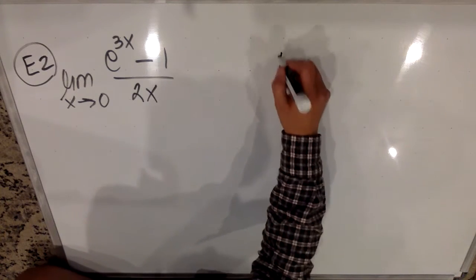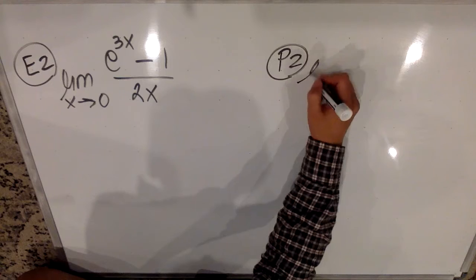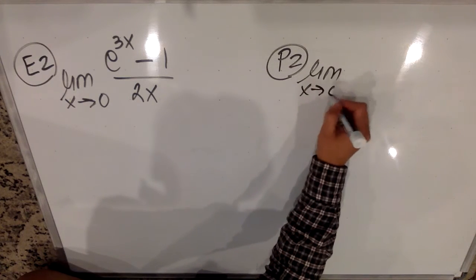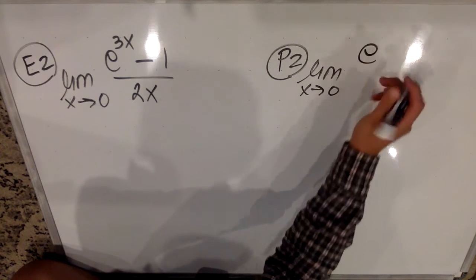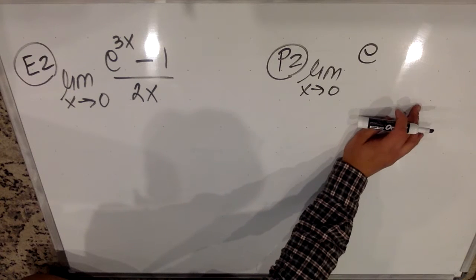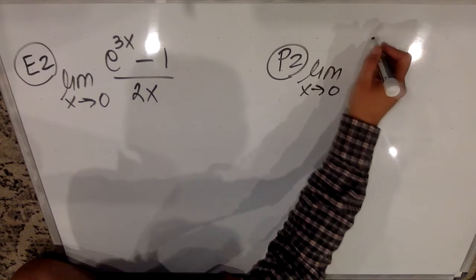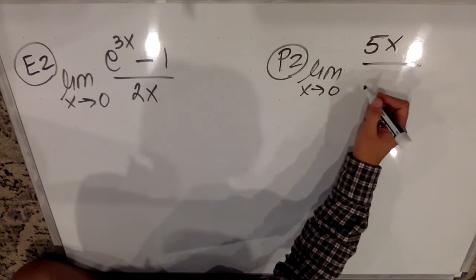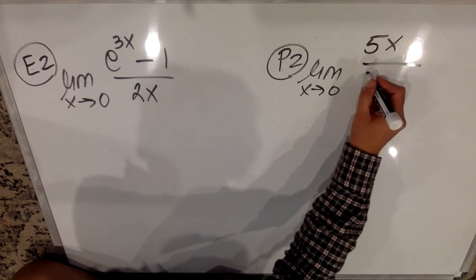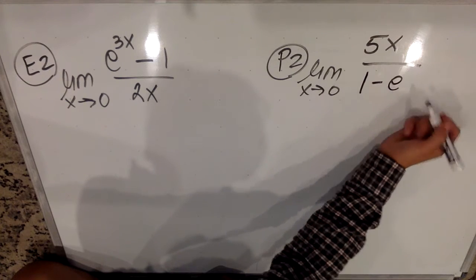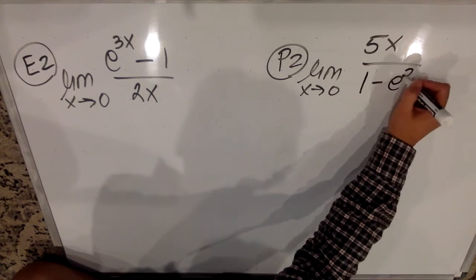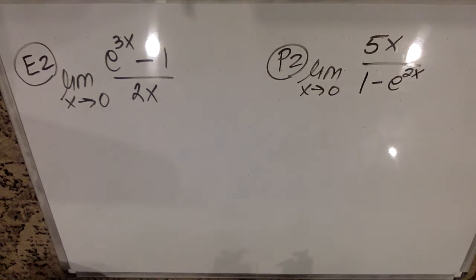And then for a P2, let's do the limit as x approaches 0 of 5x over 1 minus e to the 2x. Cool. Okay. So, I'm going to walk you through E2, and then we can try P2.